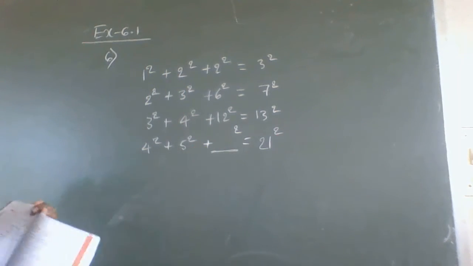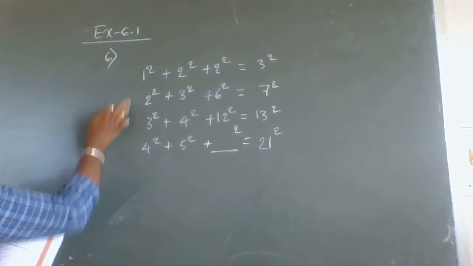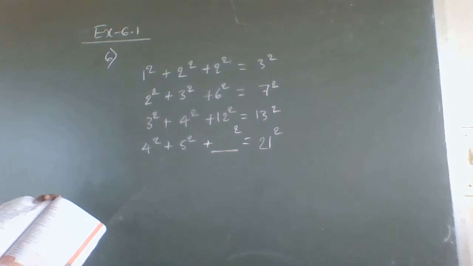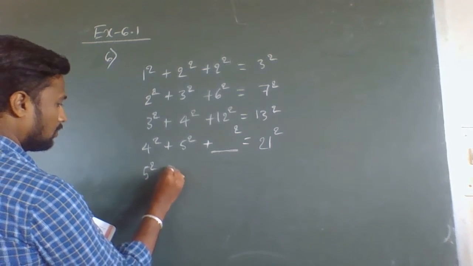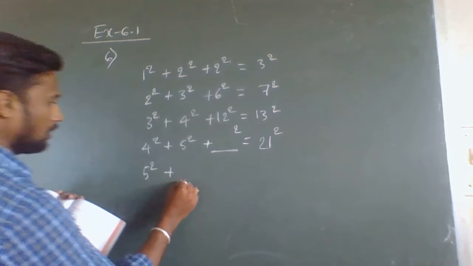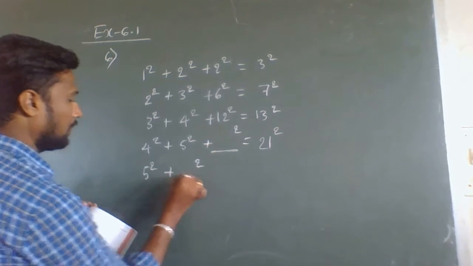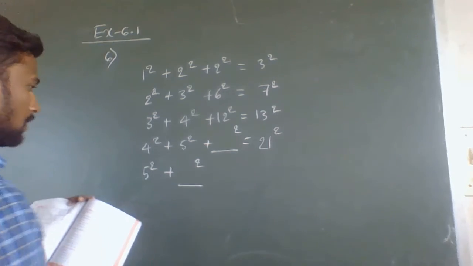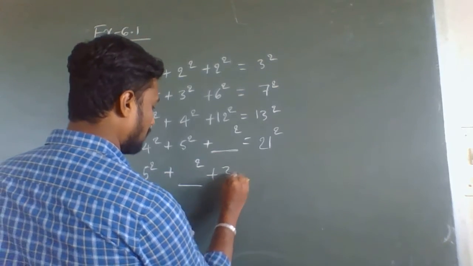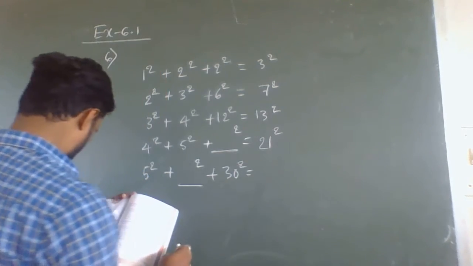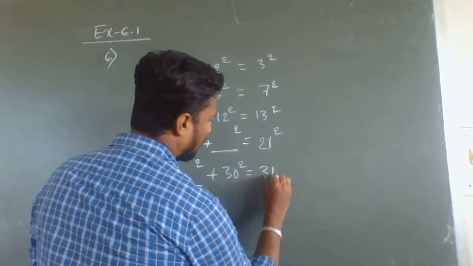We have to write this answer by observing these three patterns. Next one, 5 square plus, here they have not given any number, we have to write a number here, 5 square plus, next, plus 30 square equals 31 square.